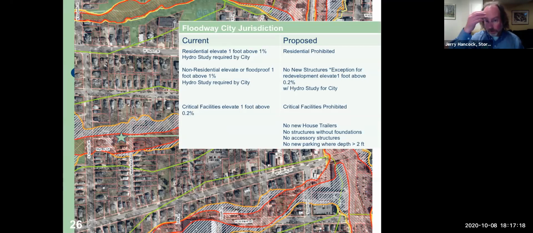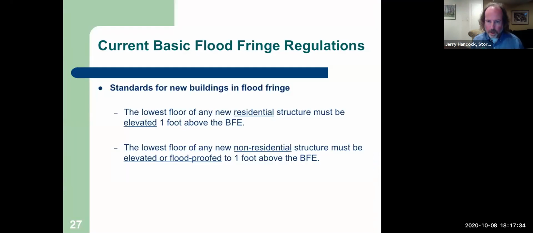And then the second part of it, we're saying we would not allow any new structures unless it's for redevelopment. In that case, we go 1 foot higher by elevating above the 0.2%. And with that, I can move on to flood fringe unless we want to break for some more questions.